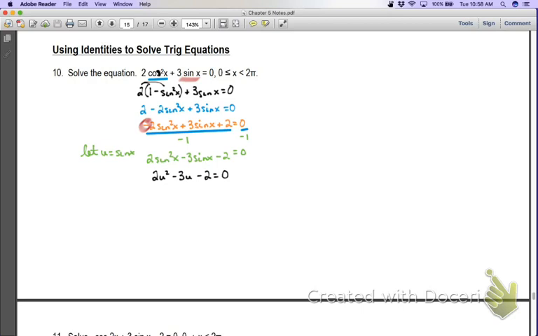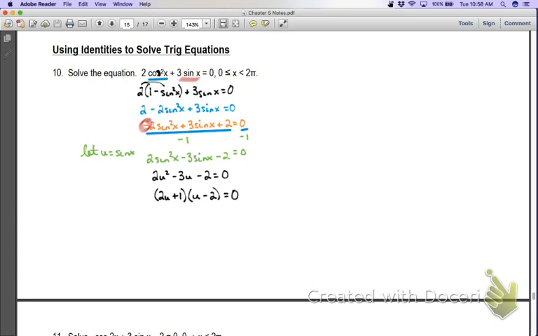So if I factor this, I'm going to have 2u plus 1 and u minus 2 equal to 0.